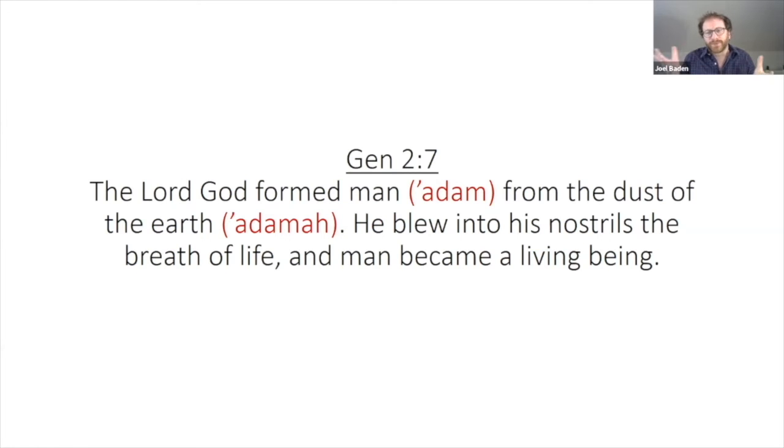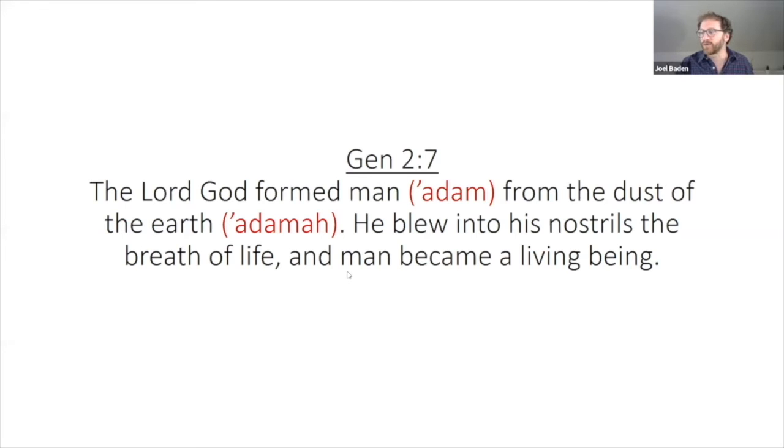So there's a little wordplay in there, but this is also a very particular way of understanding the creation of humans. The verb that's used here for God forming this man is the verb that's used for an artisan, for a potter.